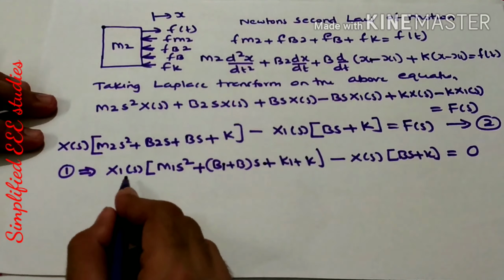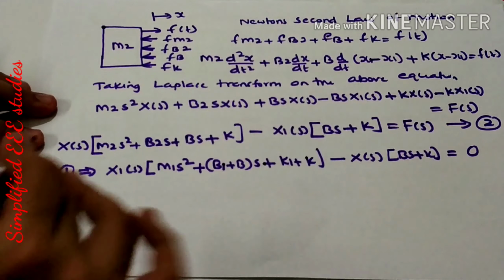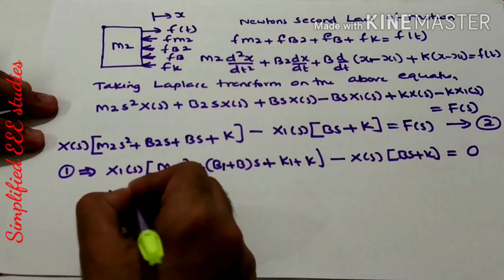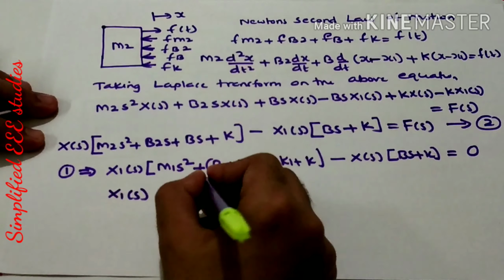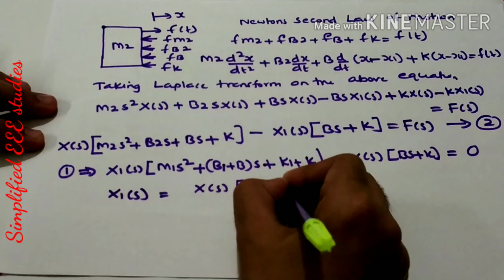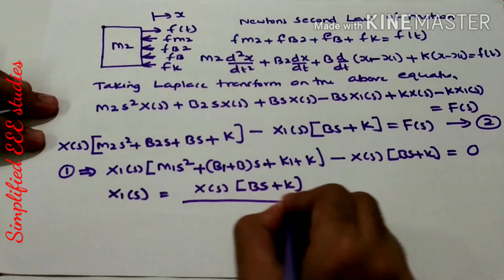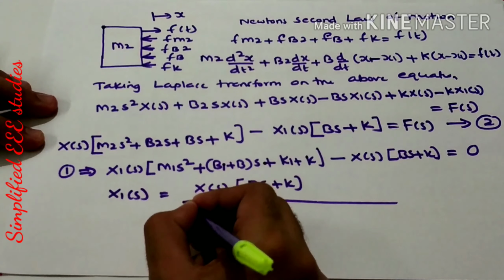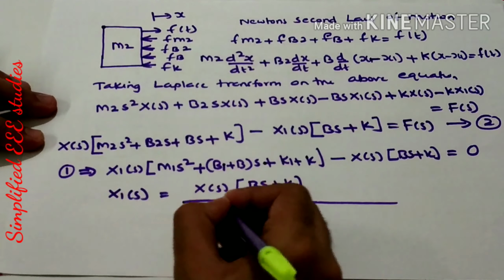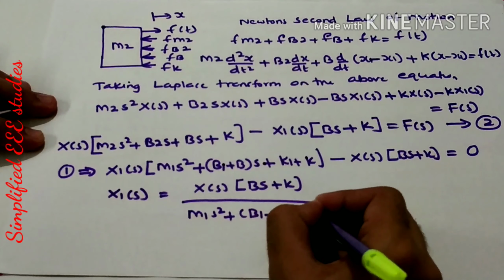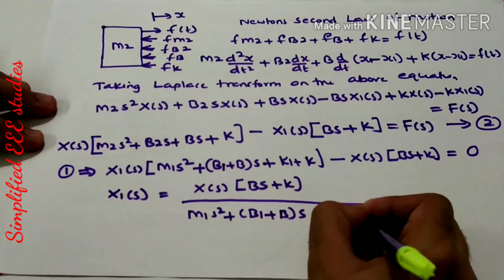Here the x1 of s term is also there. So what can you do? First you separate the value of x1 of s. So let us separate the value of x1 of s. x1 of s equal to x of s into bs plus k, whole divided by m1 into s square plus b1 plus b into s plus k1 plus k.